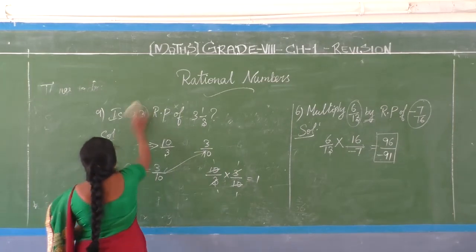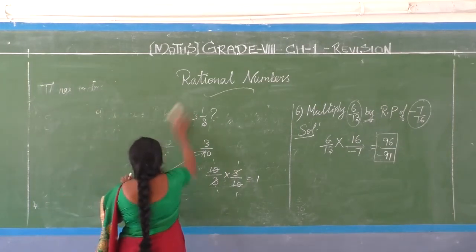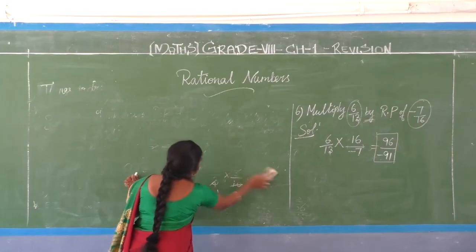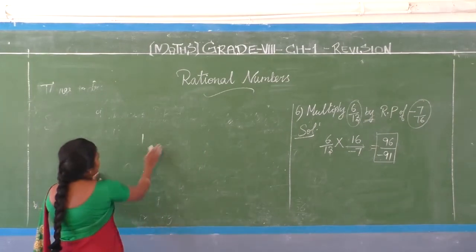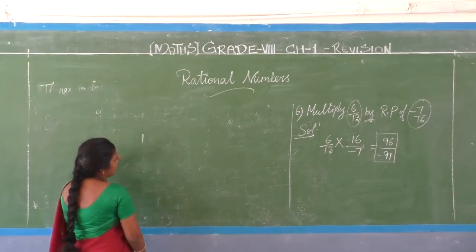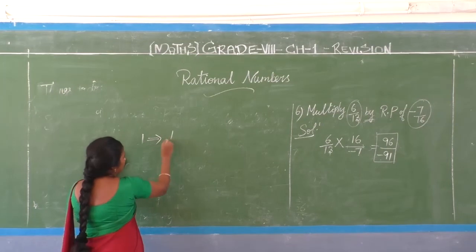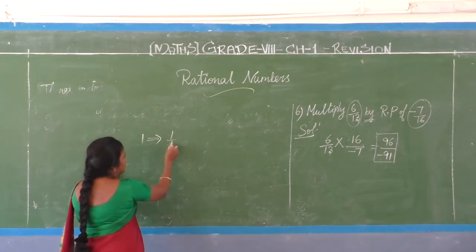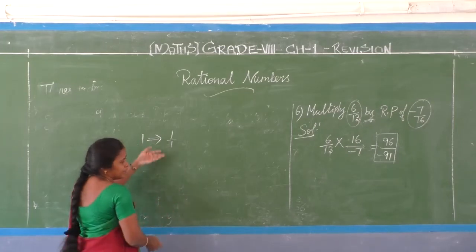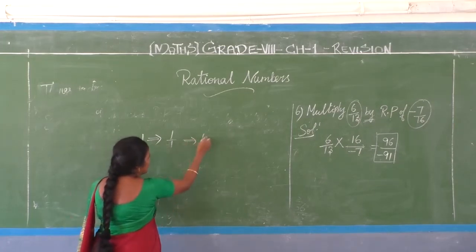See, if you take 1, actually 1 is a natural number. We can write it in rational form by putting 1 in the denominator. So 1 by 1. What is that reciprocal? Reciprocal means interchange the numerator and denominator. Anyhow, it comes 1 by 1 only.